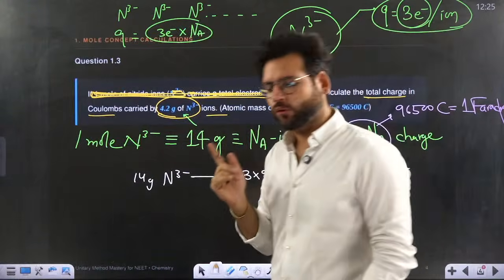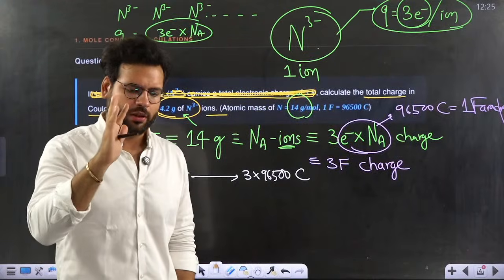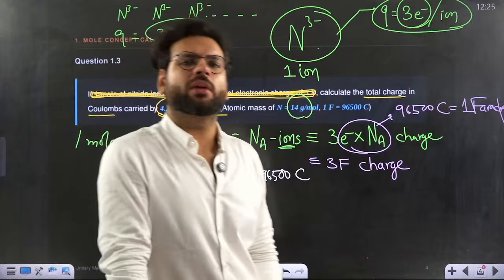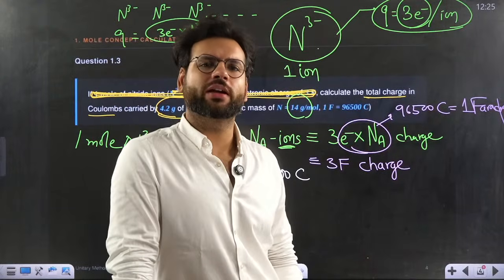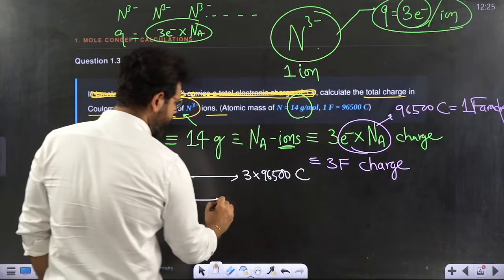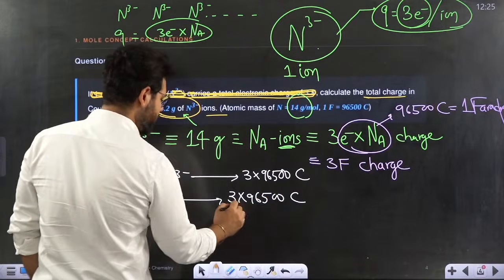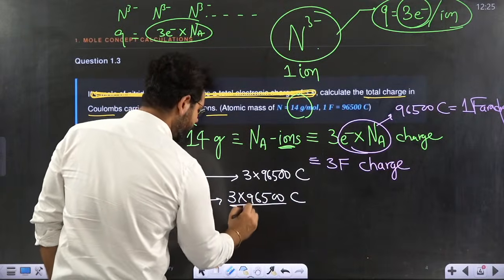I have to find for 4.2 gram. 4.2 gram meaning how many times we have divided the 14, you can check. So 1 gram nitride will contain 3 times 96500 Coulomb divided by 14.